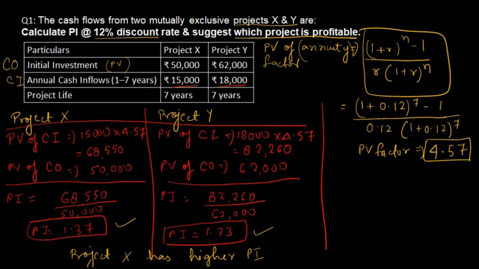But here we got both projects with a PI more than 1, and we have to select one. In the question they have asked which one is more profitable, so in this case we go with the higher PI. Clear? I hope it is clear to you.